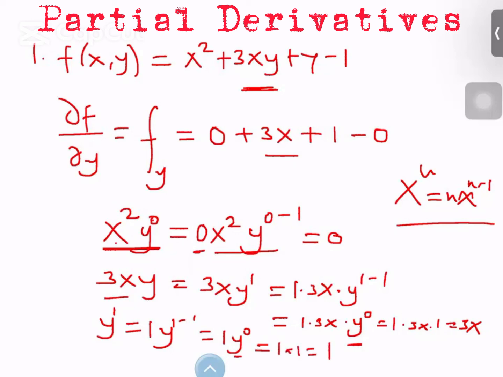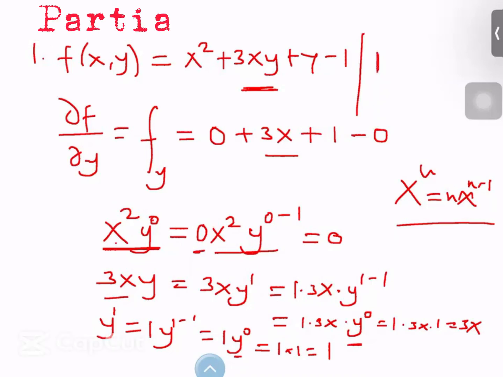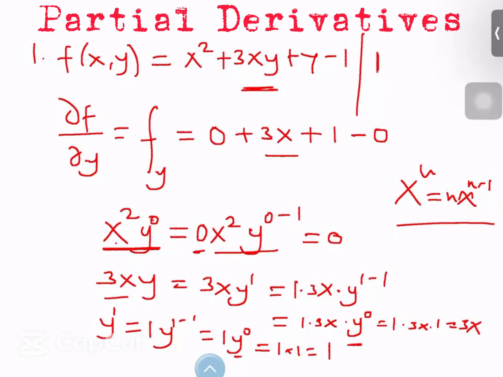Now let's differentiate this here. We have a 1 there. We don't have y. We can't see y with the 1, but we can introduce a y so that you understand why it's ending up to be a 0. So if we introduce a y, then we can say this is the same as 1y power 0.